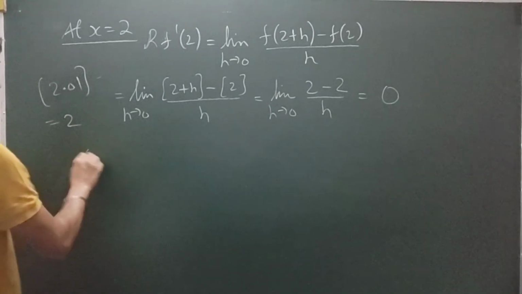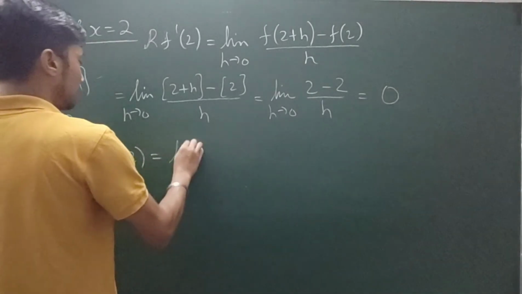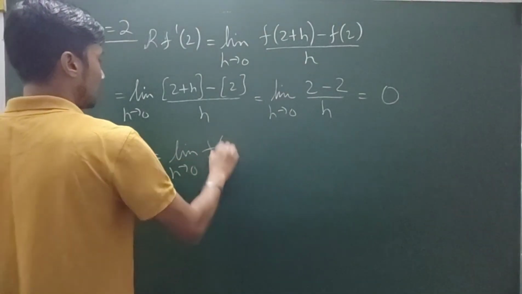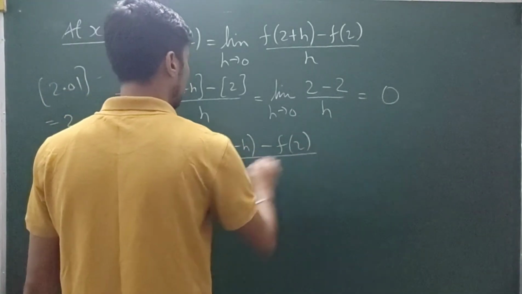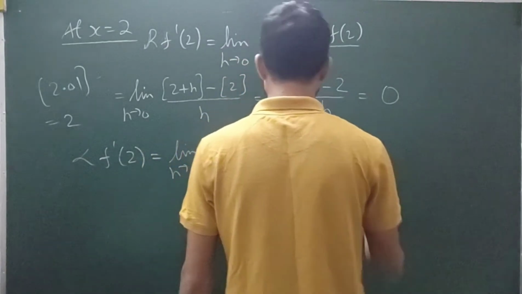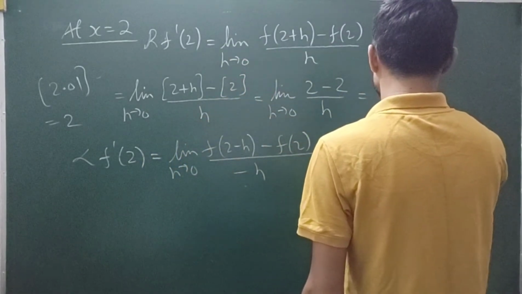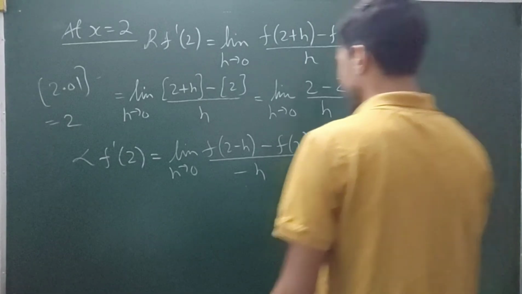So the greatest integer of 2 is also 2. Left hand derivative: limit value as h tends to 0, f of 2 minus h minus f of 2, divided by minus h. That's going to be limiting value as h tends to 0, greatest integer function f of 2 minus h, this is also 2, this is minus h.